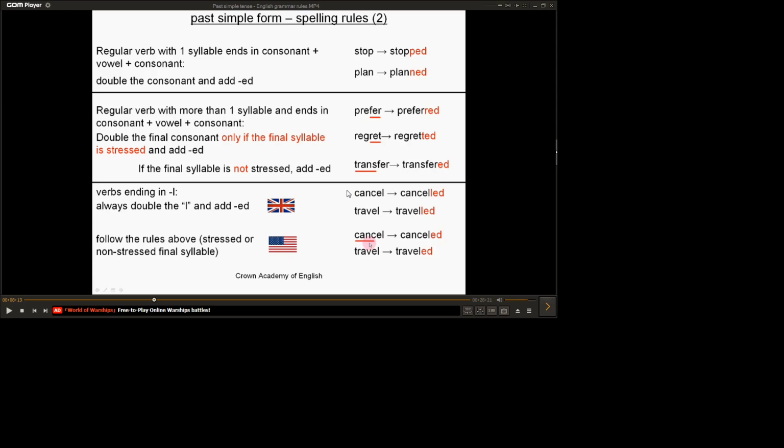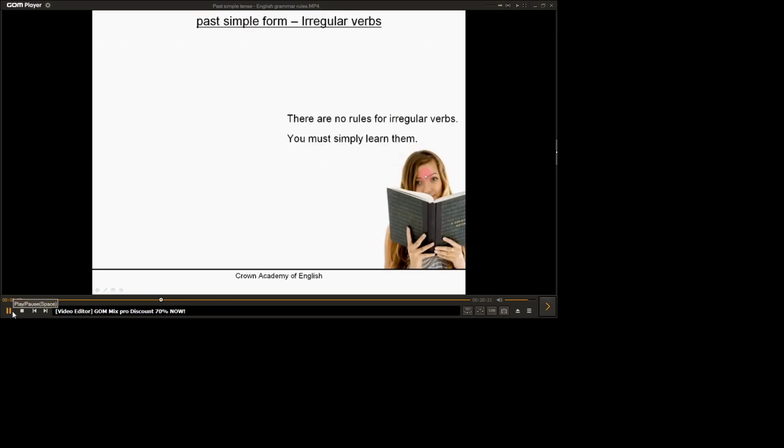Now, irregular verbs. There are no rules really for irregular verbs. You just have to learn them, I'm afraid. You just have to learn irregular verbs and the form of the past simple. So here is a list of some very common irregular verbs. Very quickly for the pronunciation, break. This column is the infinitive, and this is the past simple form.